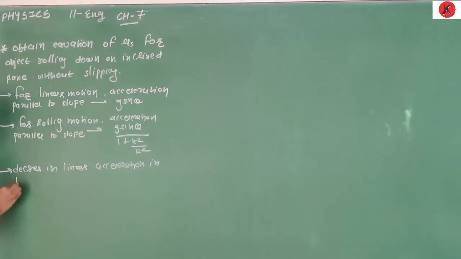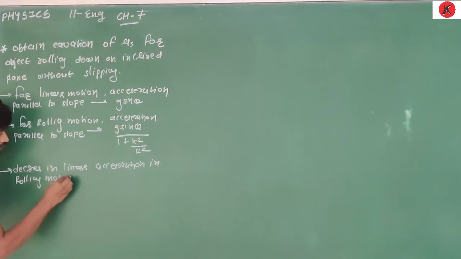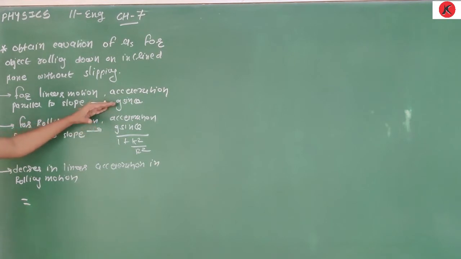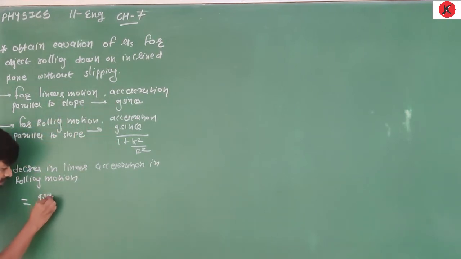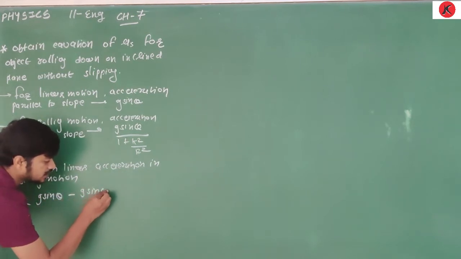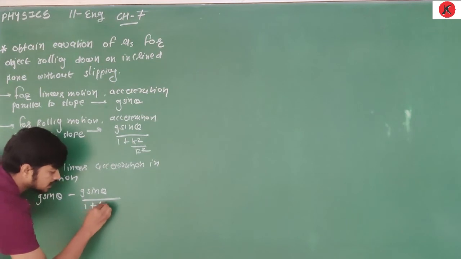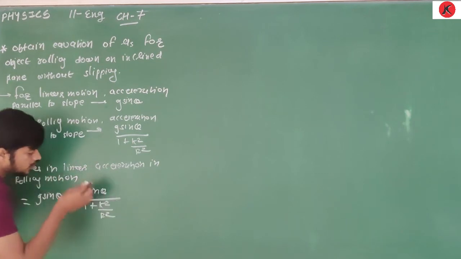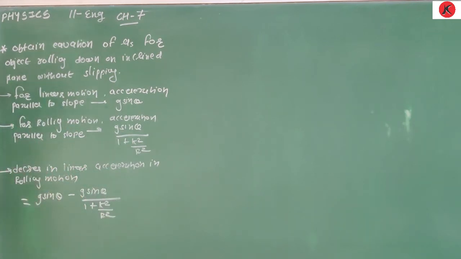So how to find the decrease? Obviously it is g sin theta minus g sin theta upon 1 plus k square upon r square. Clear about this? Now we have to simplify this.